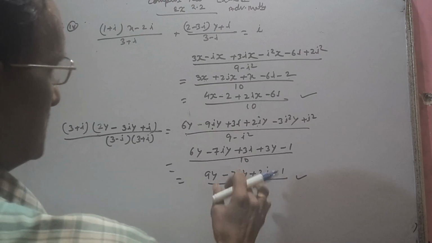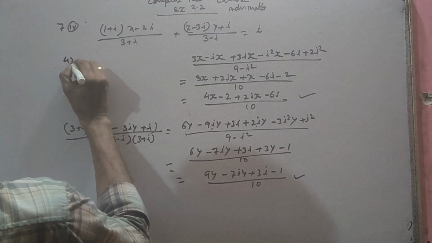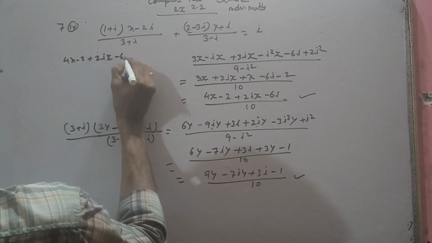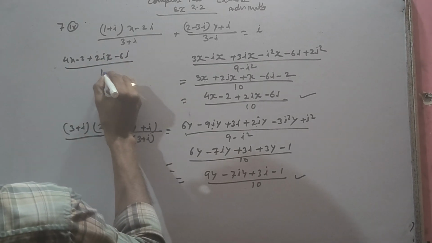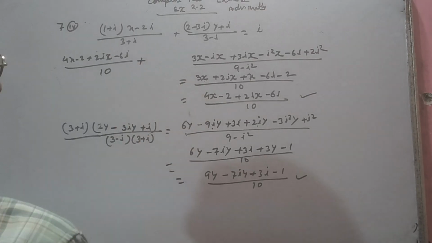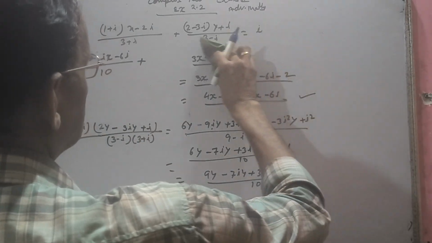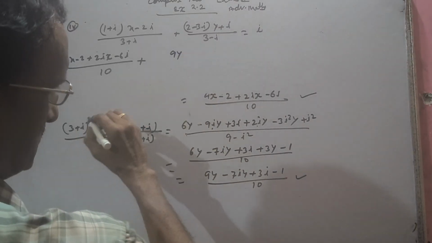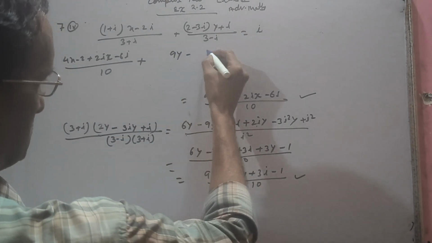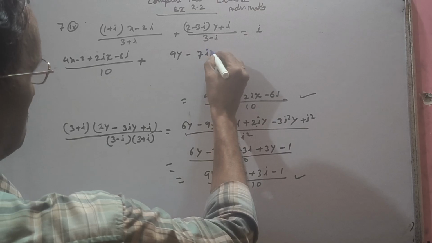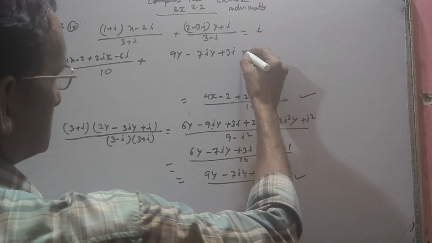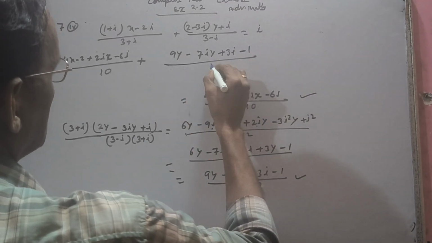Finally, what will we get? 4x minus 2 plus twice ix minus 6i by 10, this value, plus this value: 9y minus 7iy plus 3i minus 1 by 10.